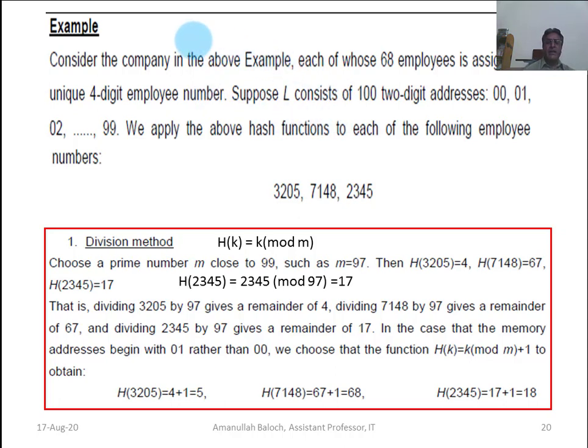So if an employee has employee number 9999, then we will have to reserve an array of 10,000 memory locations for only 68 records, which is a great wastage of memory.